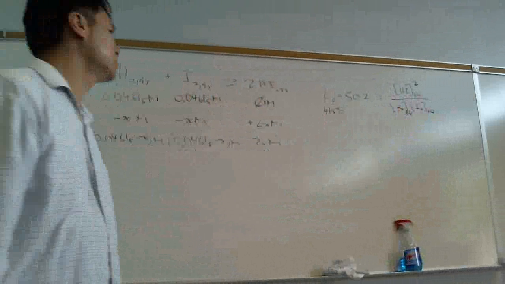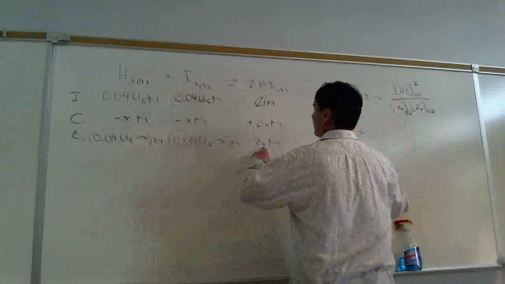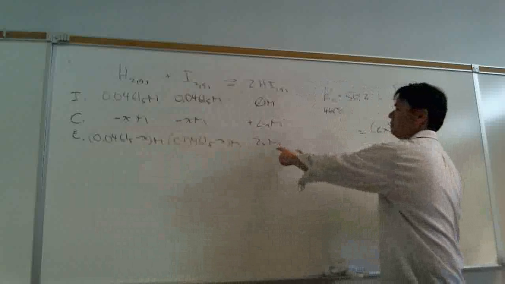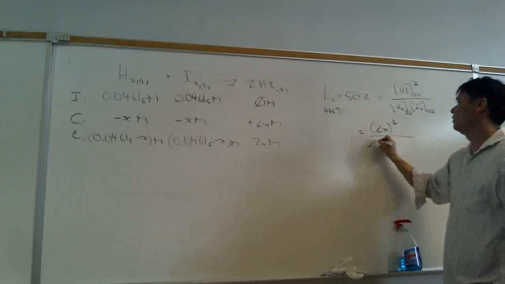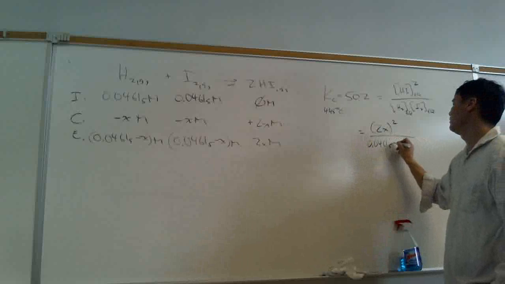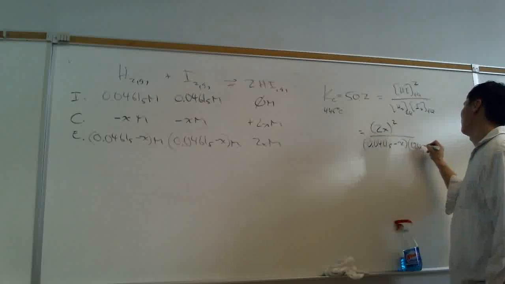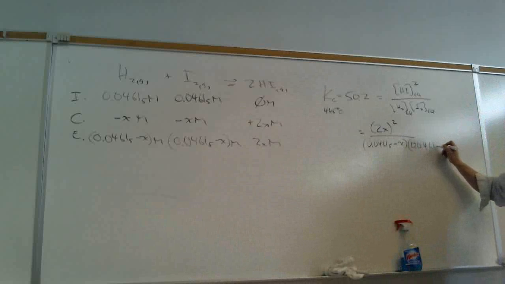But we're not necessarily stuck because we do have the initial concentration. So the equilibrium concentration of HI is just 2x. Let's plug it in here. It's going to be 2x quantity squared divided by 0.04615 minus x times 0.04615 minus x.